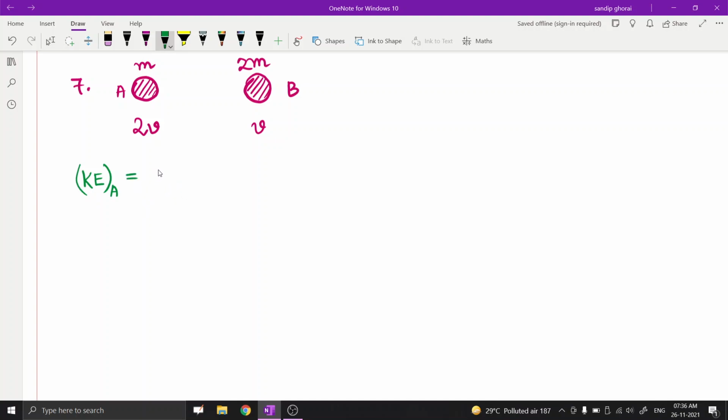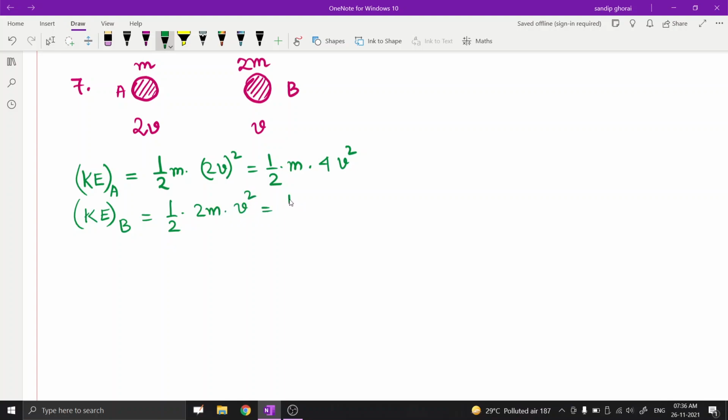Simply we can say half into m into 2v, that whole squared. That means this is half into m into 4v square. And similarly kinetic energy for body B is half into 2m into v square.